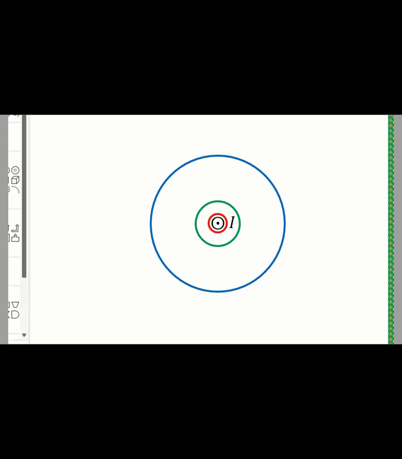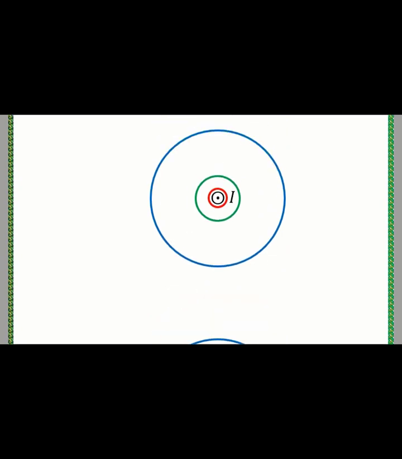Look, the spacing from the red one to the green one is less than the spacing between the green and the blue, because as you go away from the wire, the magnetic field becomes weaker, so the distance between the circles becomes more and more, and the same as this. Look, the shape is the same, but the direction is different.